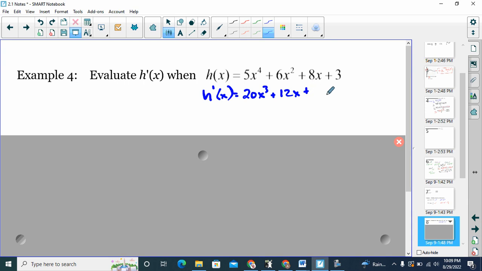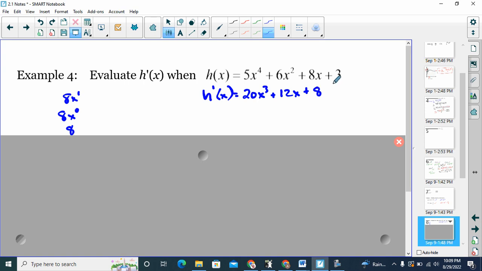A couple different ways you could think about how to get the derivative of 8x. We could use the power rule. That's 8x to the 1st. So if I move the 1 out front, it would be 8x to the 0, and anything to the 0 is 1. So the derivative of that is 8.